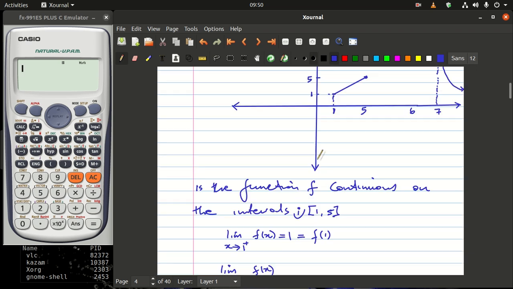So if I pick a value just on the left of this 5 and go all the way up, the output that is so close to that value is going to be this 5 here. So this one is going to be 5. But if you also look at this function here, whenever I'm plugging 5 in the function, the output is going to be the 5 there. So this one is still the same as f of 5. So condition 1 is satisfied, condition 2 is satisfied.